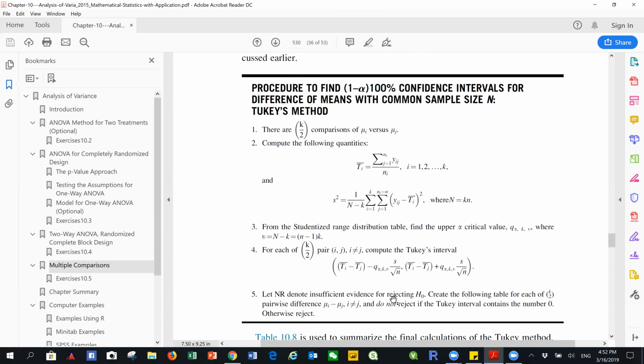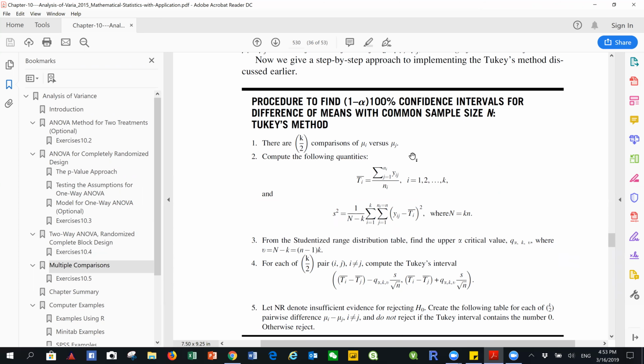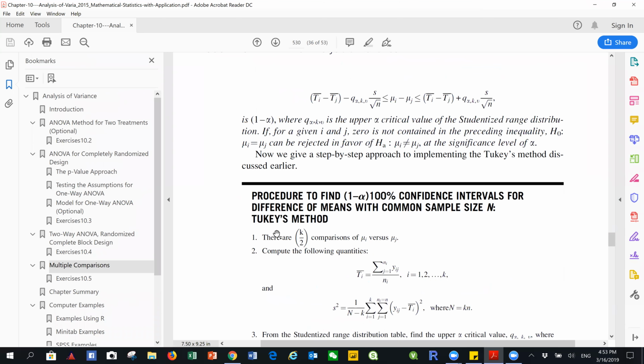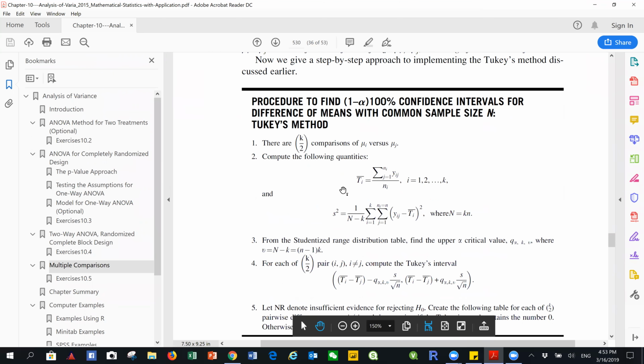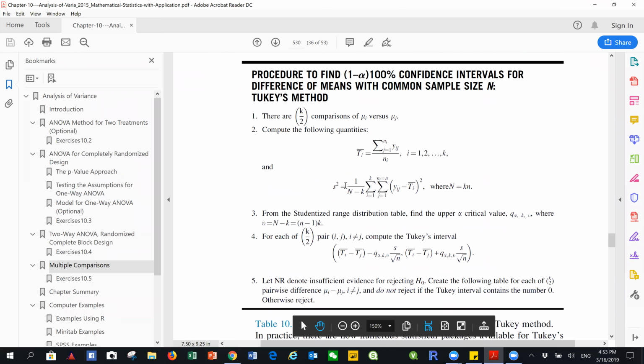This is to construct confidence intervals for multiple comparisons. There are k choose 2 pairs. Actually, the slide says k over 2, but this should be a typo. K choose 2. If k is 4, then this is 6. So compute the following quantities.